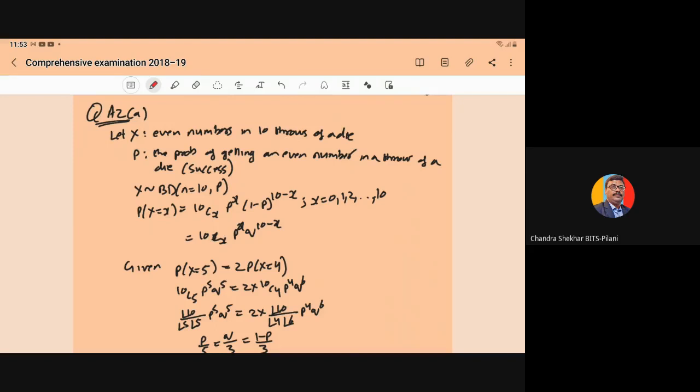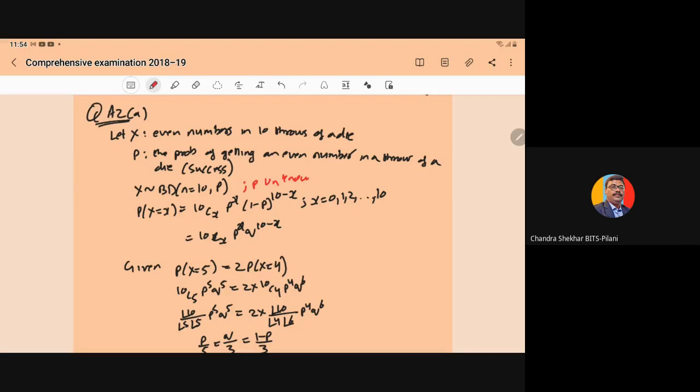So small p denotes the probability of getting an even number in a throw of a die. Because each throw is independent of the others, it follows the binomial distribution with n equal to 10 and p unknown, where p is the probability of success.